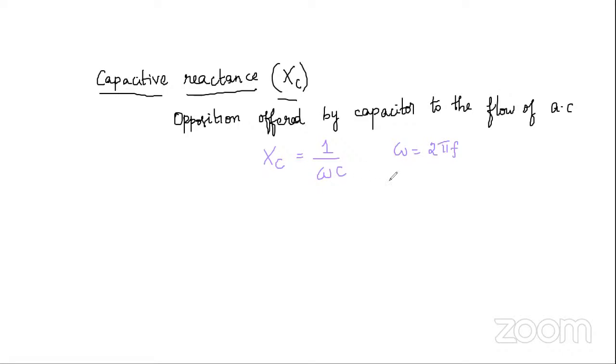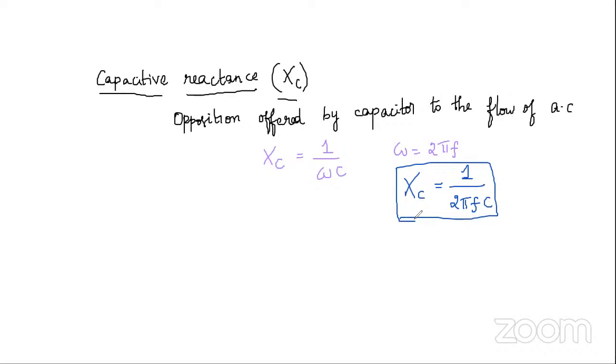So how does it affect this XC? X suffix C is equal to 1 divided by 2 pi f into C. This is the expression for capacitive reactance.